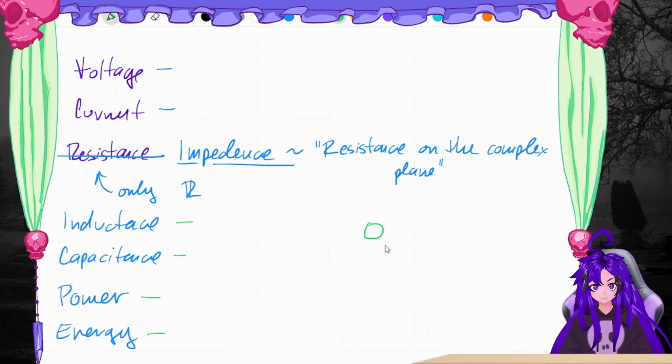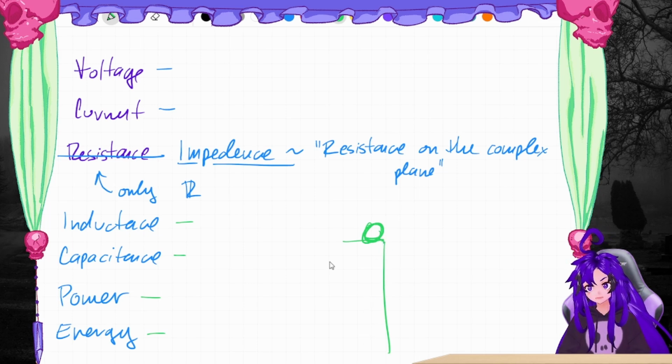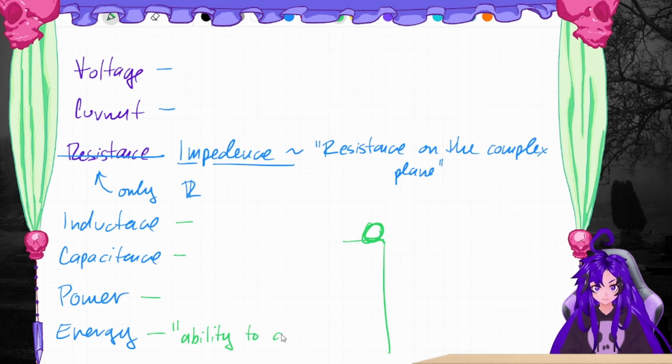So if we start with the concept of the ball, we know that if it's sitting still, it has no kinetic energy. If it's very high up, it has a bunch of potential energy. But what that energy is, is its ability to go. It may be going right now, or it may be at rest and waiting to go, but it's the ability to go.